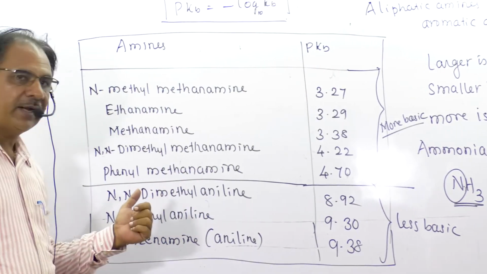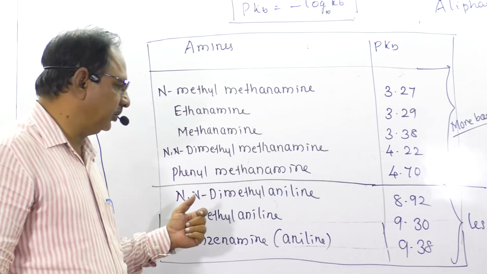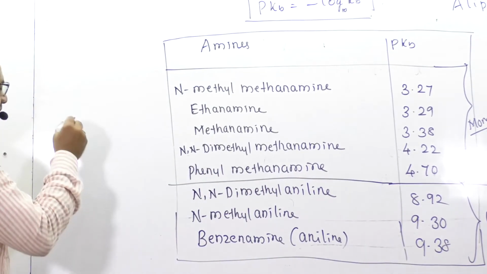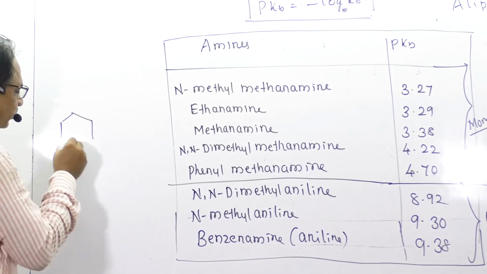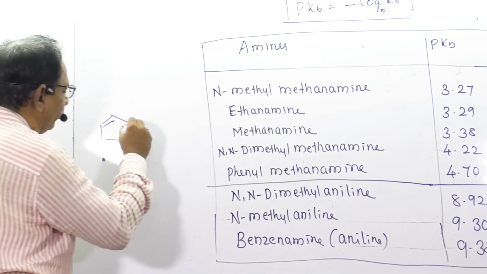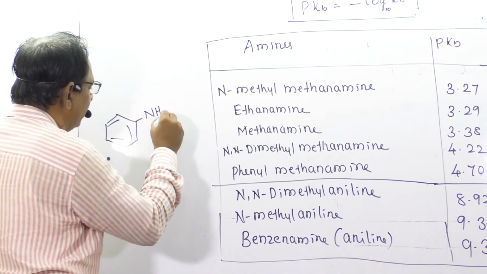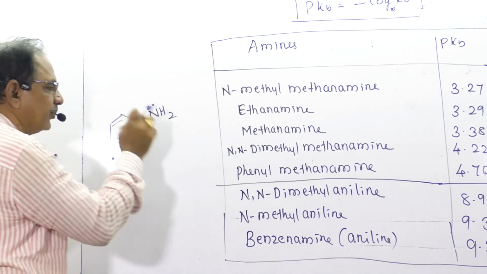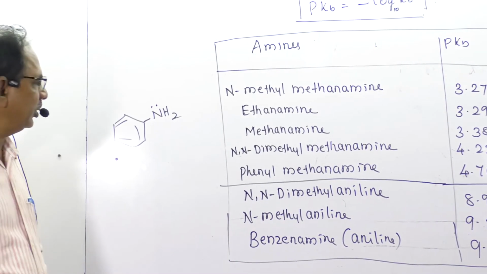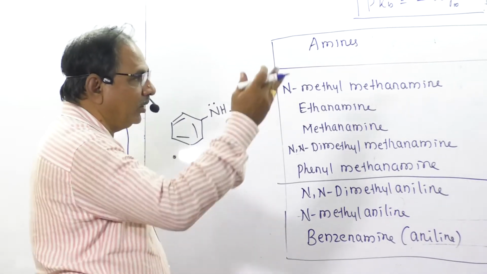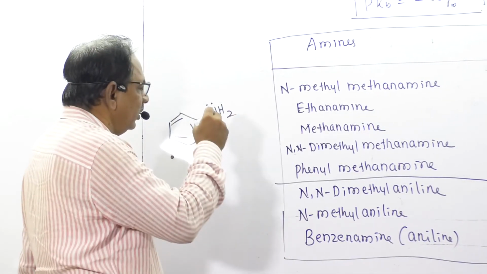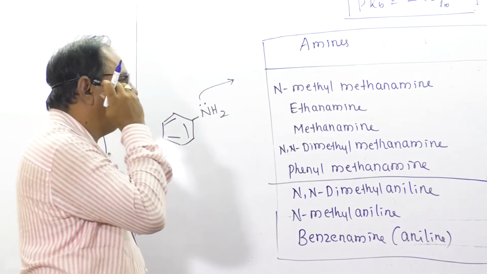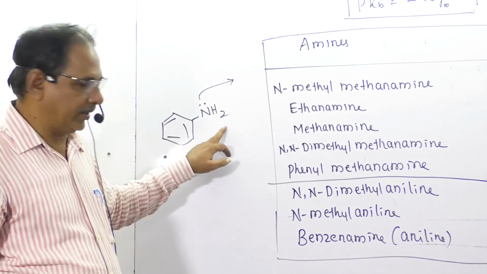Why are aromatic amines less basic? The question arises. In aromatic amines, when an NH2 group is attached to the benzene ring, according to Lewis theory the nitrogen atom of the amine group donates a lone pair of electrons, hence amines are basic.